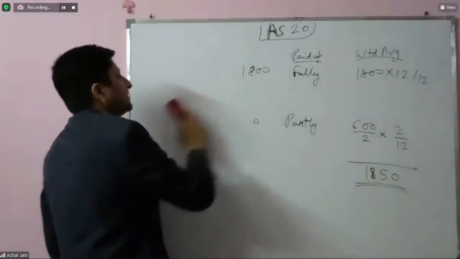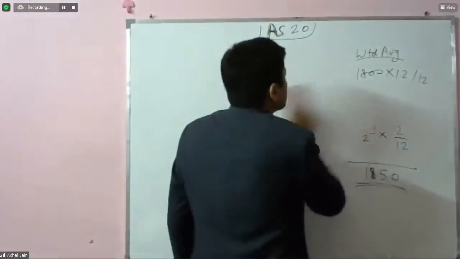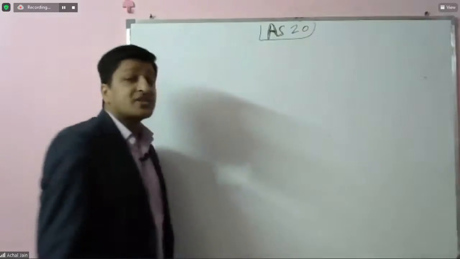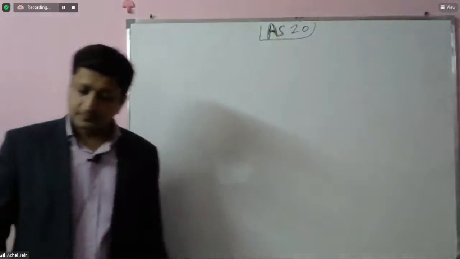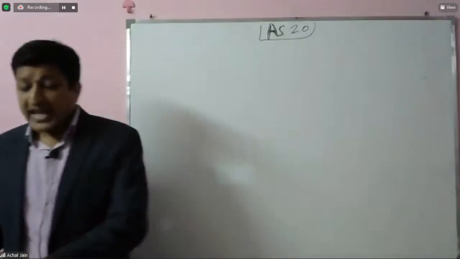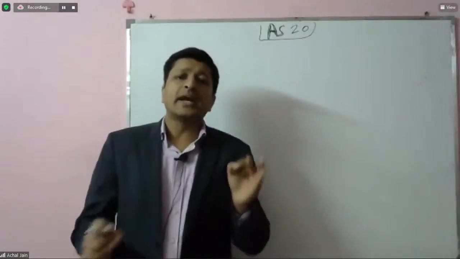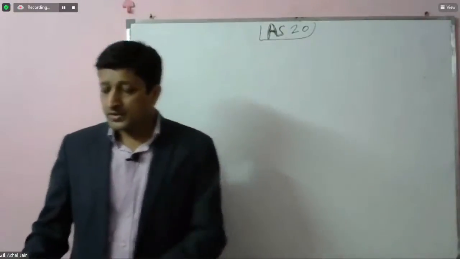Before I move further, let us quickly understand the adjustments in the numerator. As we discussed, the numerator is all about net profit attributable to the equity shareholders.